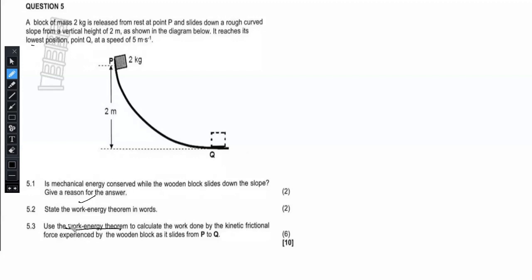But once the question says use the work energy theorem, then you have to use the work energy theorem. Any other formula that you use, they might penalize you and not give you marks, because the instruction clearly states use the work energy theorem. Okay, so be careful of that. Make sure that you read all the statements. Then 5.3, we have our W net is equal to change in EK.